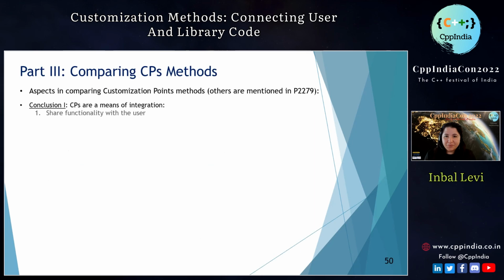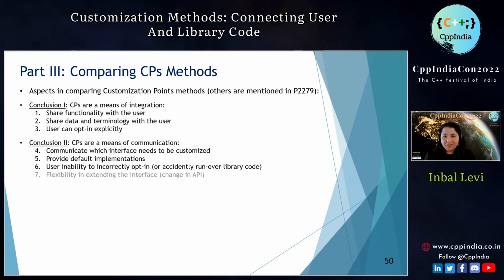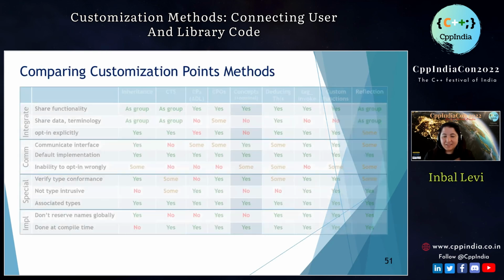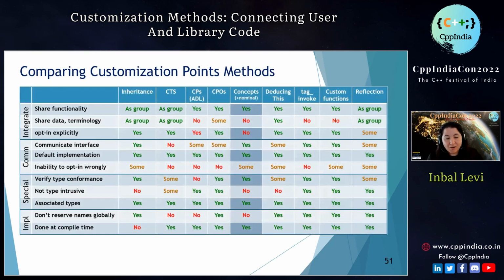So to summarize, there are different ways to compare customization points. I'm not going to go over all of the details here, but there's this table that you can go over later, and these are the ways that I see the different customization points and compare them to one another.